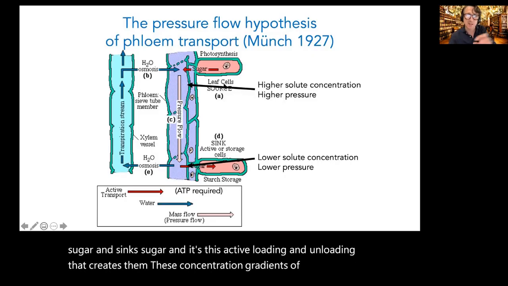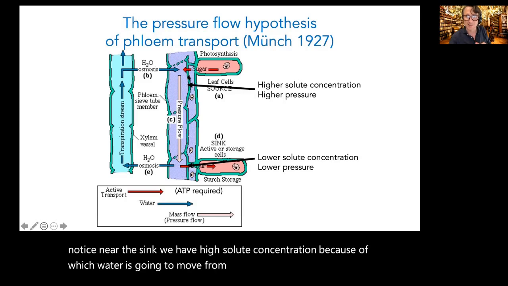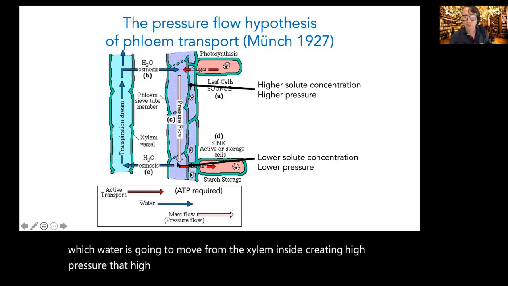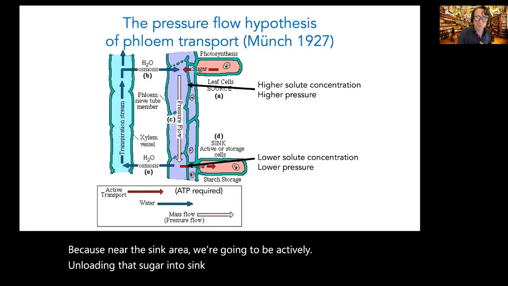So notice near the sink, we have high solute concentration, because of which water is going to move from the xylem inside, creating high pressure. That high pressure is then going to push fluid, because near the sink area, we're going to be actively unloading that sugar into the sink cells, creating a lower solute concentration and lower pressure.